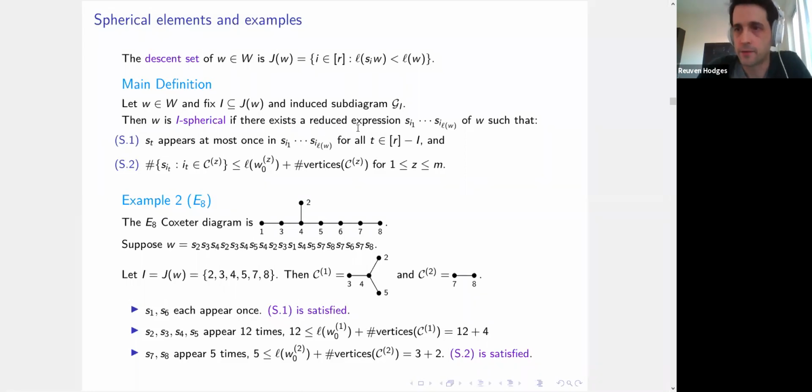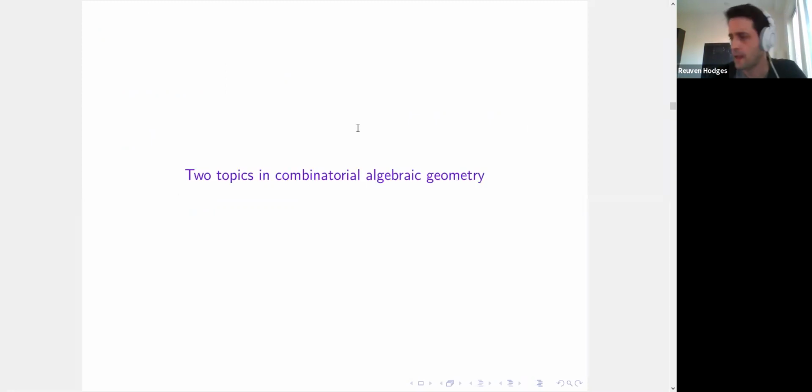Okay. All right, so I'll now talk about some of the geometric motivation behind this idea, and then I will talk about how you connect the geometric notion to this combinatorial notion. Okay, and so to do that, I'd like to talk about 2 topics in combinatorial algebraic geometry.